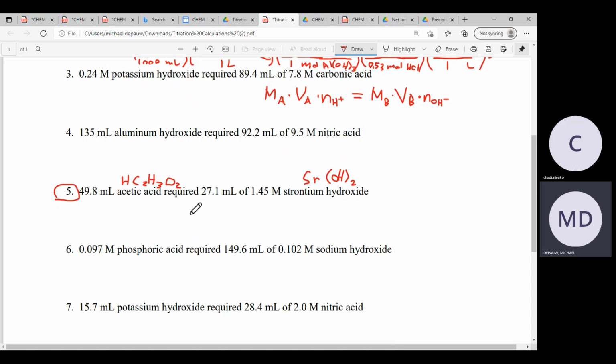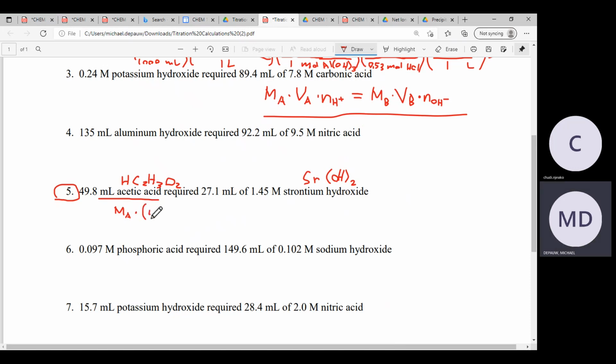So using the titration equation here, I want to know, in this case, it's giving me the volume of the acid. I need to solve for the molarity. And in your case, your professor would explicitly ask you, please solve for the molarity, or what is the molarity of this equation? So I'm looking for the molarity of acetic acid. So the MA is what I'm looking for.